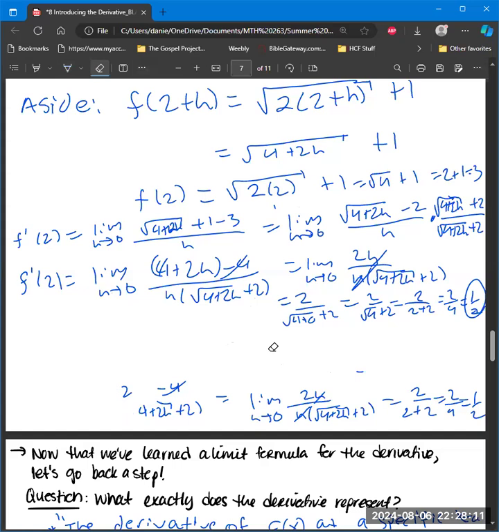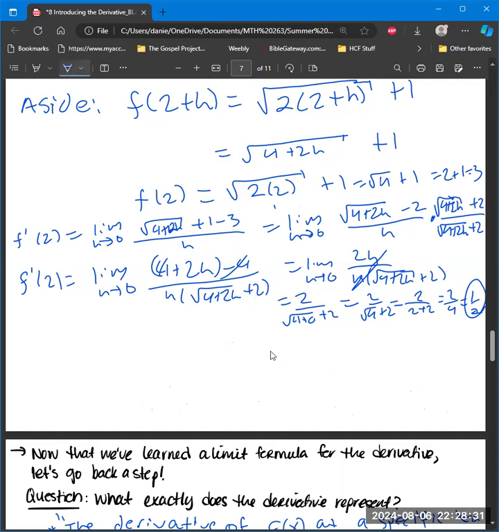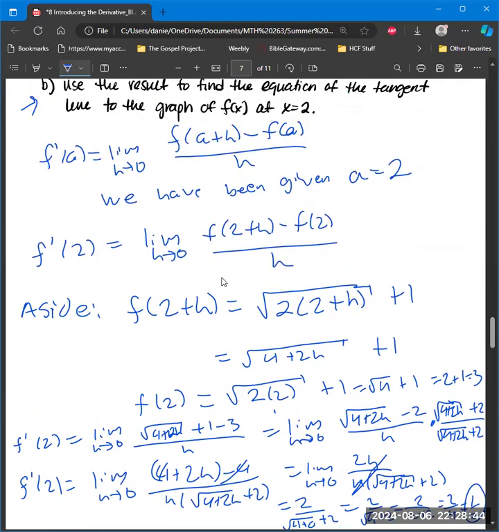Now, hopefully you remember your point slope form of a line from pre-calculus. If not, I'm going to remind you of that formula, and then we're going to use the pieces here for it. So y minus y1 is equal to m times x minus x1. And we knew that we found f of 2 was 3.